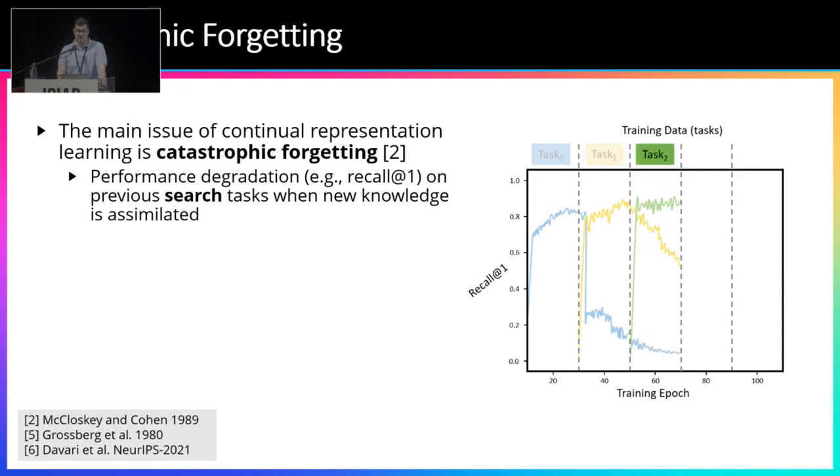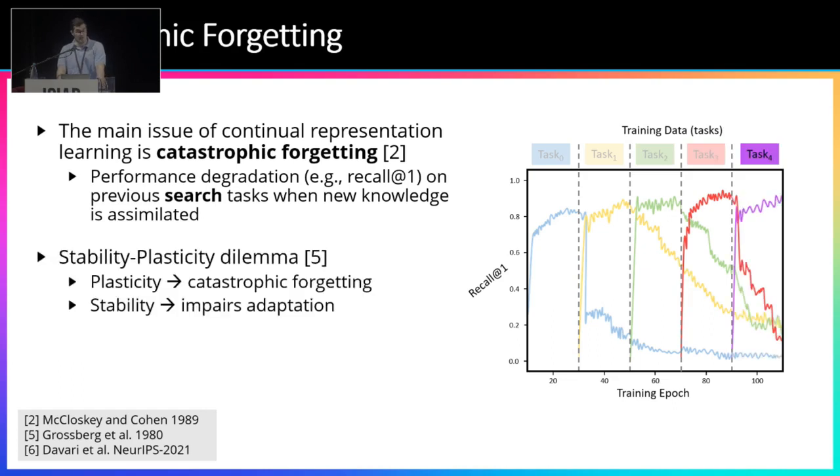As expected, this behavior is also observed in the other tasks. Catastrophic forgetting is also related to the stability plasticity dilemma. That is a trade-off on how much the model has to learn new data and how much the model has to preserve the previously acquired knowledge. Indeed, too much plasticity leads to forgetting, and too much stability impairs adaptation.